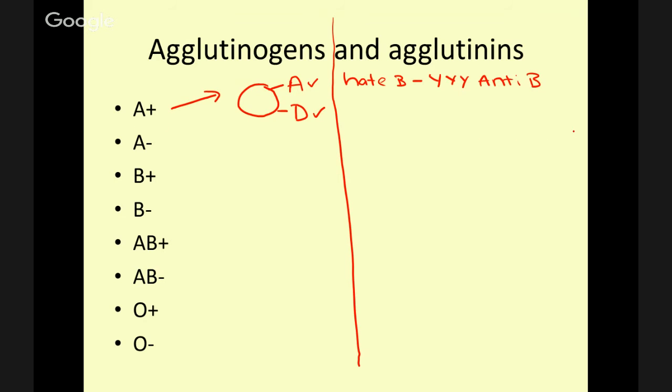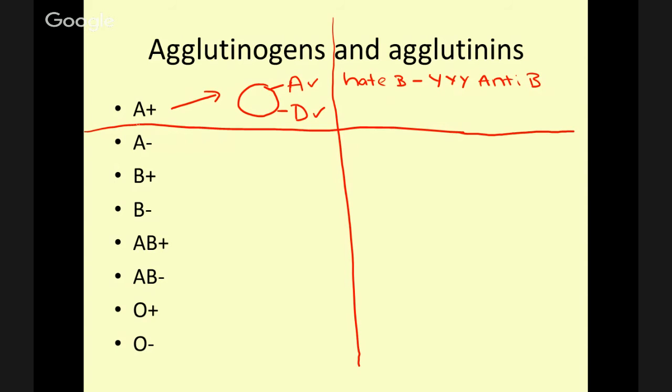So they're going to have antibodies that hate B. So can I put B blood into them? These are going to attack the B blood. If I try to put A blood into a B person, or if I try to put B blood into an A person, both of those are going to give me reactions because of these antibodies.